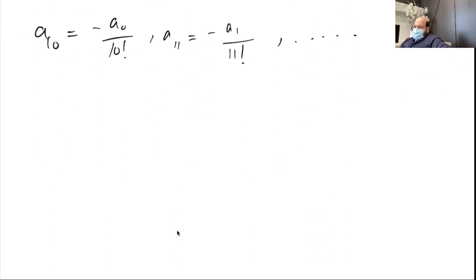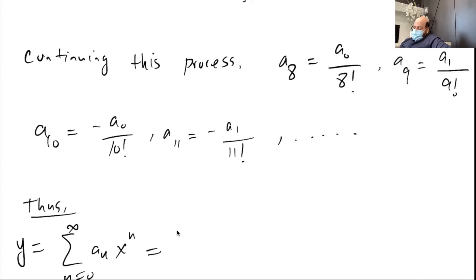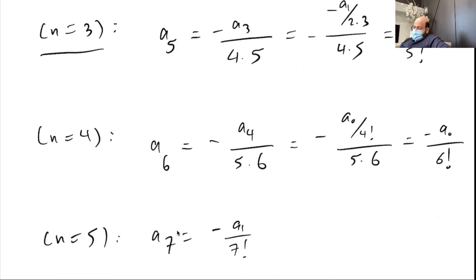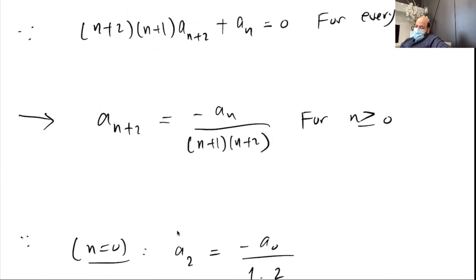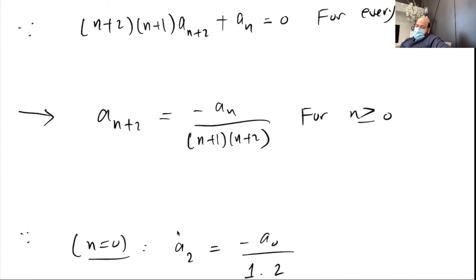So what will be the final answer then? Here we have y equals sigma a_n (x minus x0)^n, x0 is 0, so a_n x to the power n, from 0 to infinity. Now a0 and a1 are my arbitrary constants.